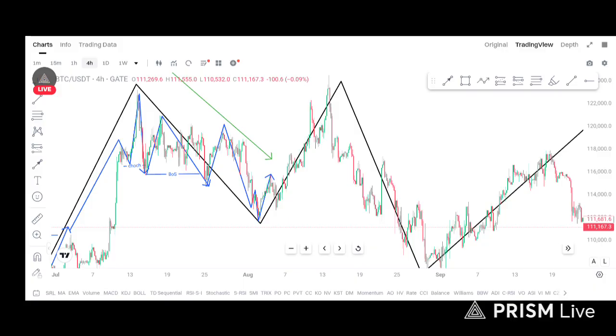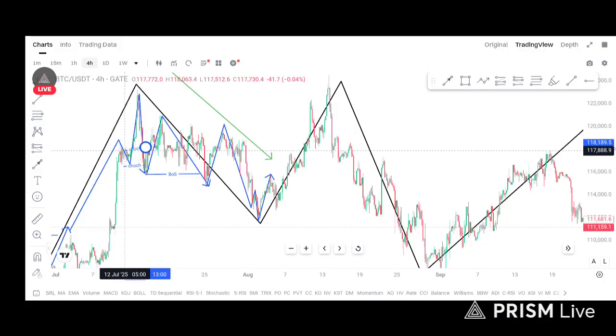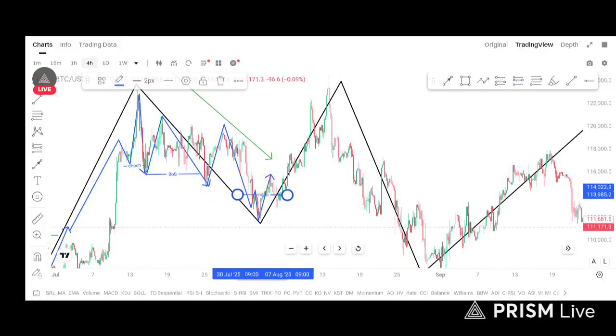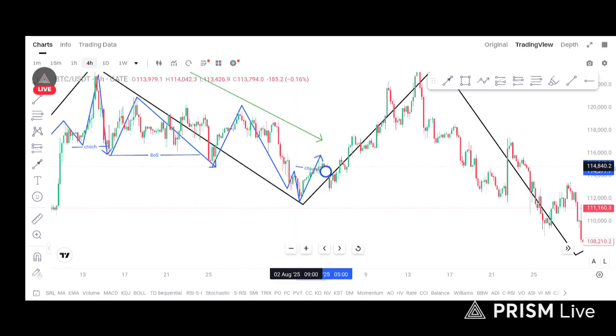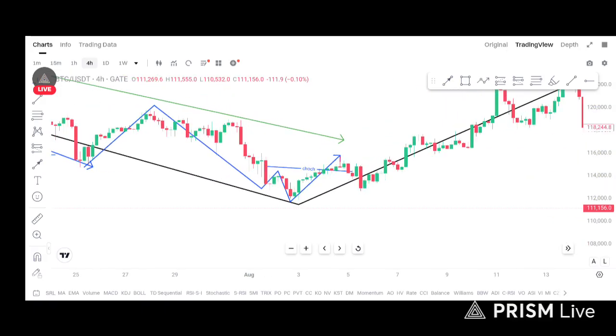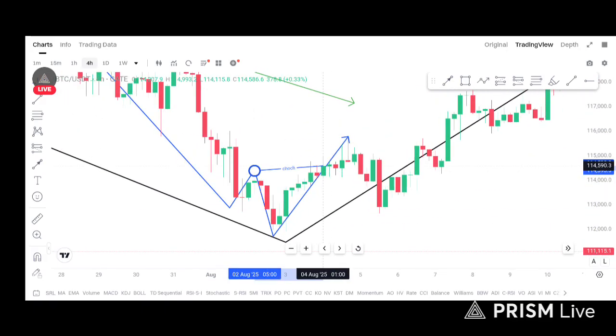It just shows that we have changed character, that the market has intent, that potential, that tendency.